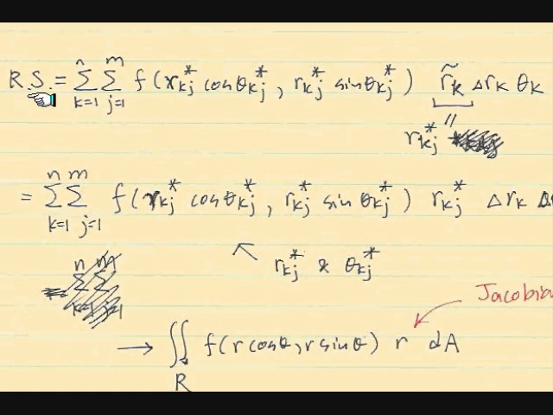So here it is. The original Riemann sum is rewritten with different information. That xkj star and ykj star should be written in terms of r cosine theta and r sine theta. And we have to give a choice of what rkj star is. Rkj star, we chose that to be rk tilde.